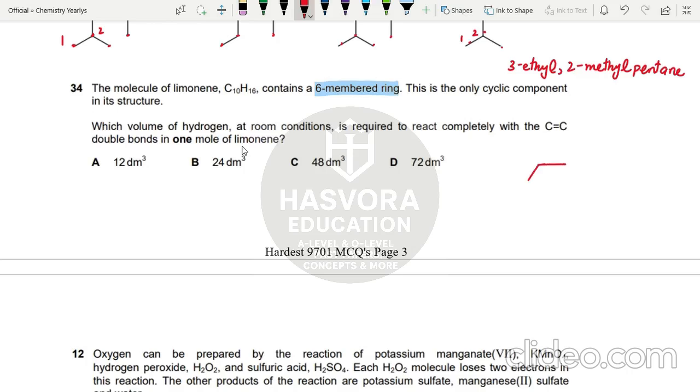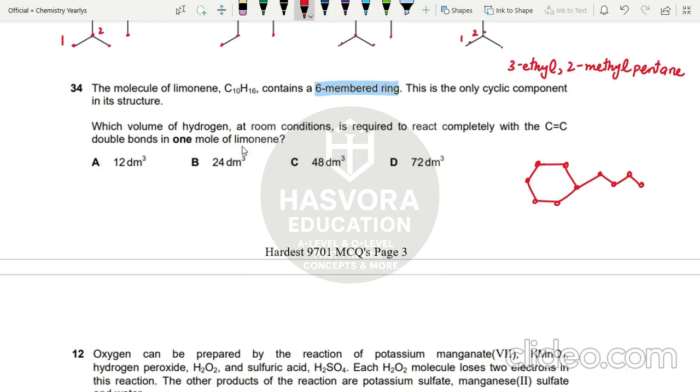So first of all, you need to know that in the six-membered ring, we have six carbons actually. 1, 2, 3, 4, 5 and 6. This is the first carbon, second, third, fourth, fifth and sixth. Now we will complete the number of carbon atoms by drawing a structure like this. This is the 7th, this is the 8th, this is the ninth, and this is the 10th carbon atom.